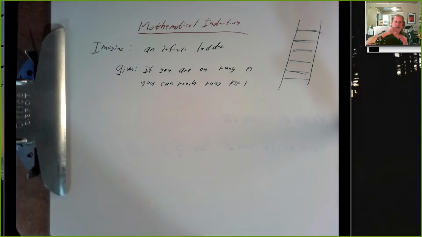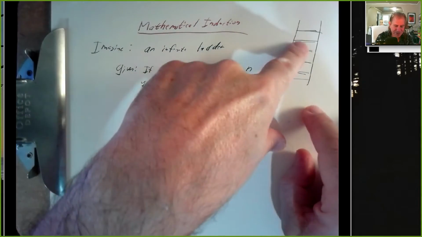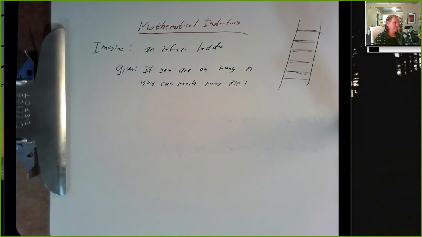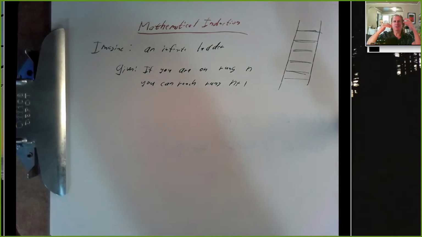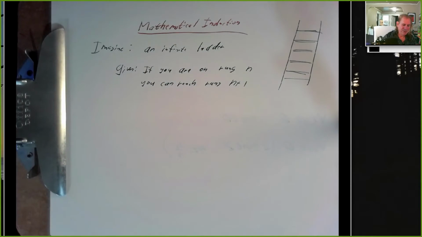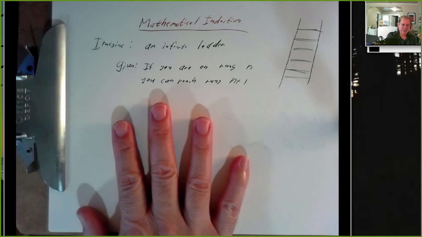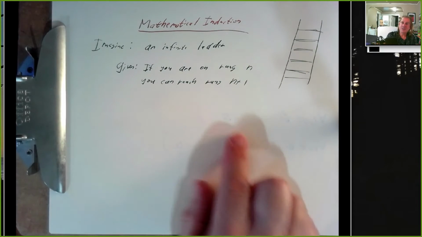Basically it says you can always climb one step up. If you're here, you can get there. If you're here, you can get there. And we can believe that's true, right? Most of us have climbed ladders, and if we haven't, we can figure it out pretty quickly. And pretty much no matter how tired you are, no matter how far off the ground you are, if you're on this step, you can get one step higher. You just lift a leg, put it on there, push yourself up, move your hands. All right, so this is a given proposition. I'm stating that this is true. If you're on rung n, you can get to rung n plus 1.